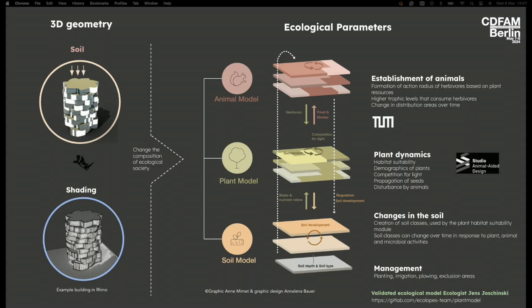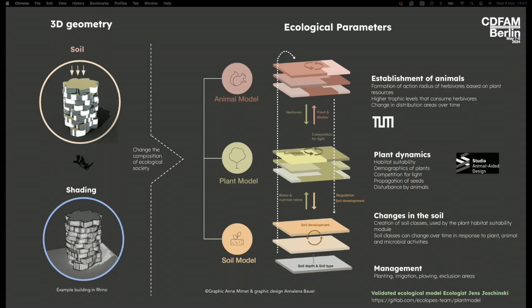And what we did is we substituted the 2D grid cells by a 3D voxel model and generated geometry-related inputs with new Grasshopper functions. These functions are related to soil distribution, soil type, soil depth, shading, and much more.